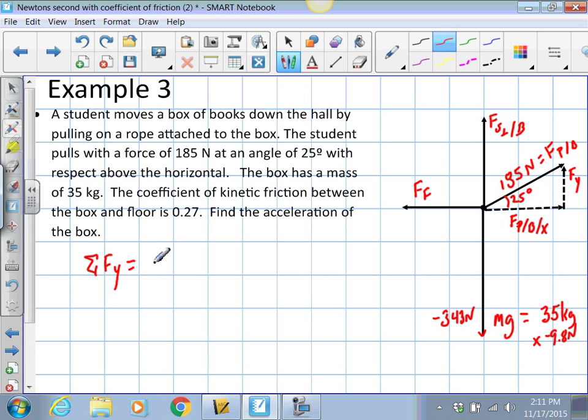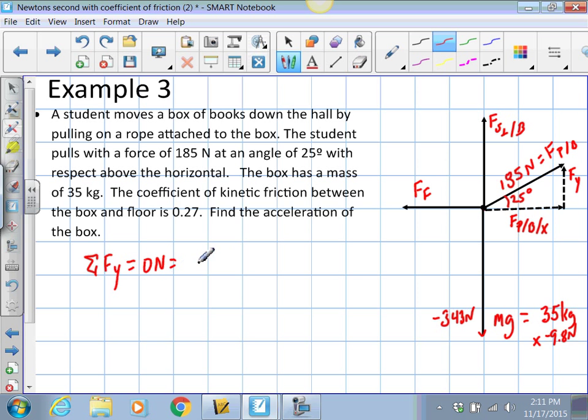They do not cancel out, because we've got this component of the pull as well. It is being pulled up, but it's not actually leaving the surface. It's still being dragged down the hallway. So what direction is it accelerating? Accelerating down the hallway horizontally. It's not accelerating up into the air above the hallway. So we can say that it's constant velocity in that dimension. So that would be 0 newtons.